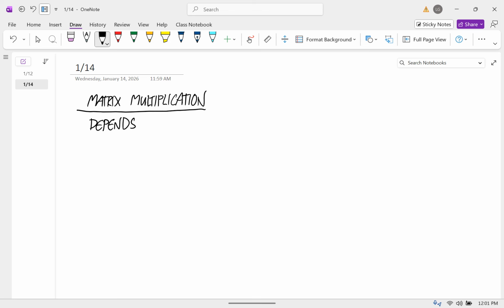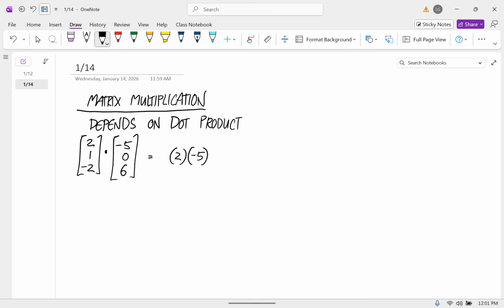Let's just remember what that is. If you have two vectors, let's say 2, 1, -2, and you're dotting it with a vector -5, 0, 6, the dot product would be: multiply the two x components together, add that to the two y components multiplied together, add that to the two z components multiplied together, and I think in this case you get -22.